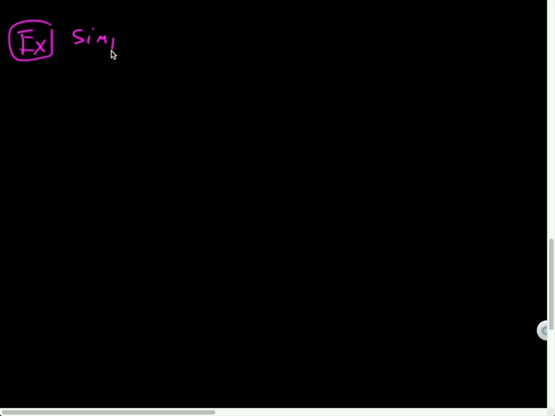So what if I said simplify 5 to the square root of 2, all to the square root of, let's say, 10. It turns out all other properties of exponents still apply. I can have irrational numbers as exponents, and they behave the same way as the other ones did.